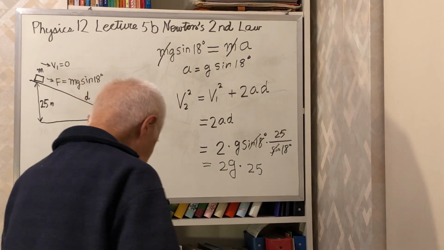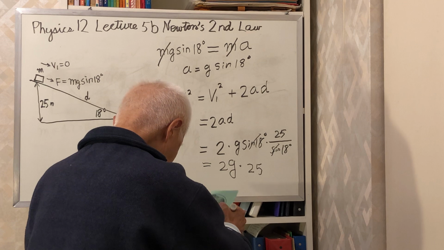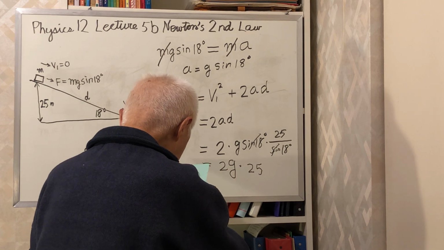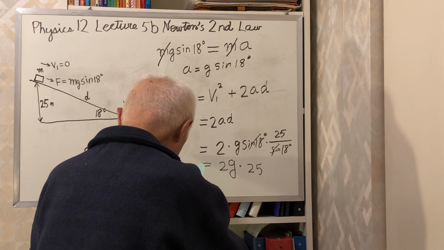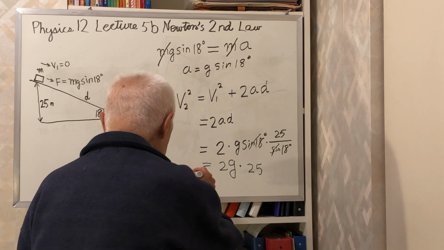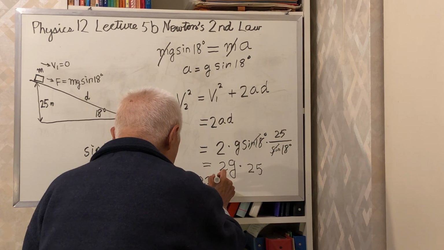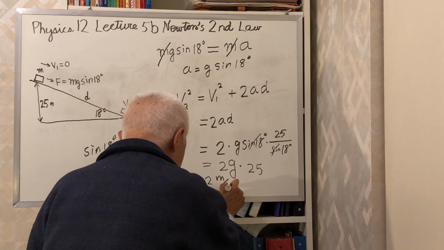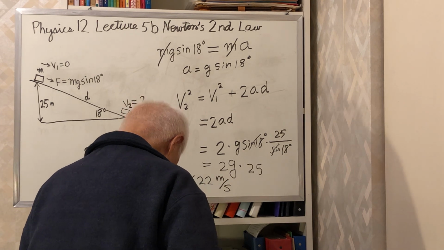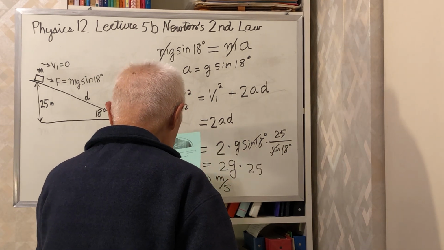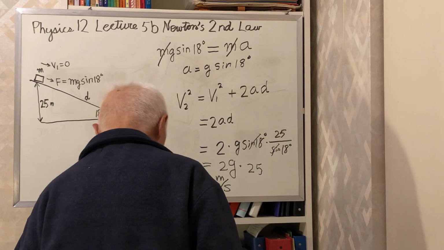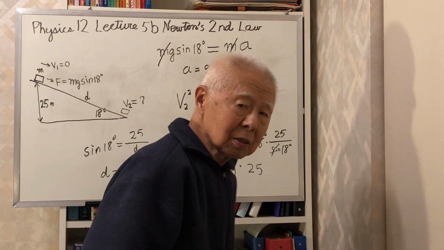So the answer V2 is 22 something. After you round it, it is 22 meters per second. Okay, this is the answer. You got it?